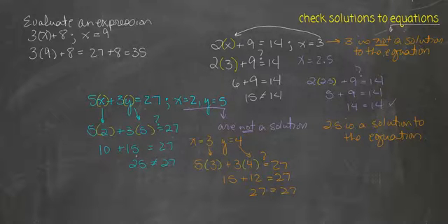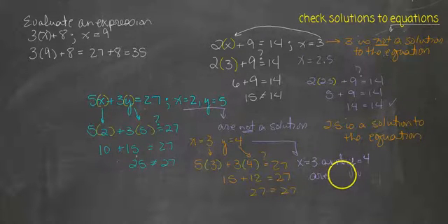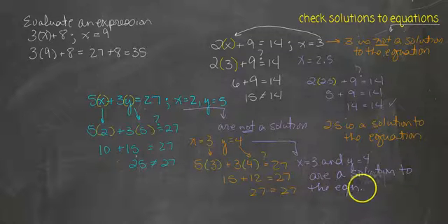We can say definitively now that x equals 3 and y equals 4 are solutions, or better said, because we're not sure of all of them yet, are a solution to the equation 5x plus 3y equals 27.